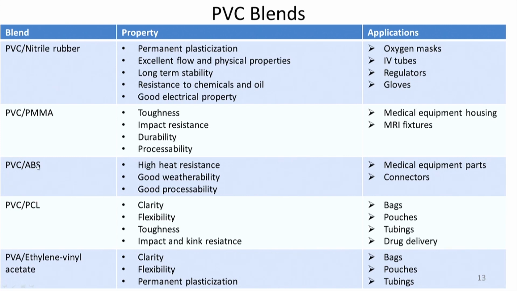PVC with ABS, okay, high heat resistance, good weatherability, good processability, again in medical instruments. PVC with PCL, clarity, flexibility, toughness, used in bags, pouches, tubing, drug delivery. PVA, ethylene vinyl acetate, clarity, flexibility, bags, pouches, tubing.